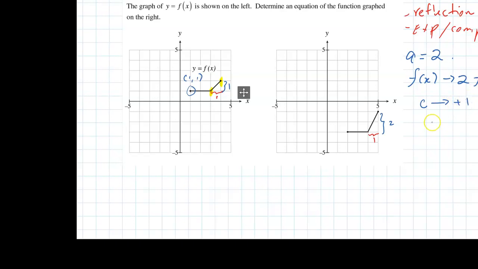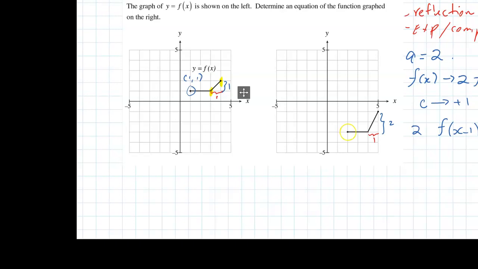So the way we write it would be 2 times f of x minus 1, because it's going towards the positive value of x. So that's f of x minus 1, and the 2 is outside, by the way.